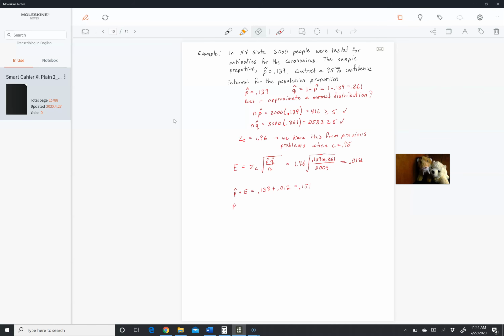And if we subtract our margin of error, so minus 0.012, then we get 0.127. So our interval says 0.127 is less than p, because we're talking about the population proportion, which is less than 0.151. So here's what this tells you.